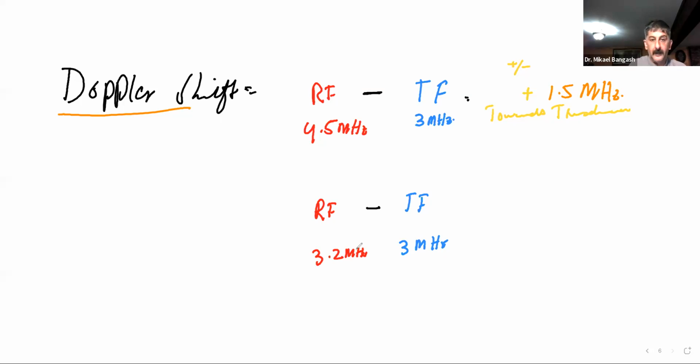Now the Doppler shift in this case is going to be the difference between these two, which is 0.2 megahertz. Right? Right, girls?